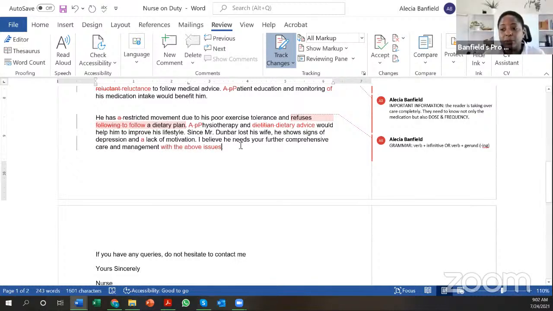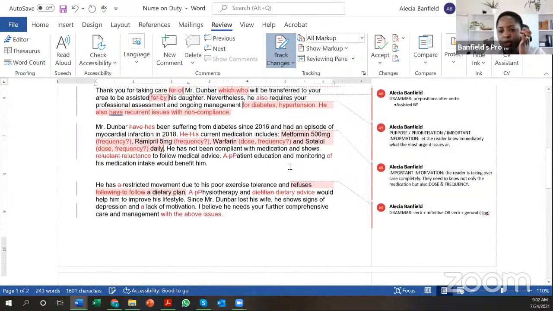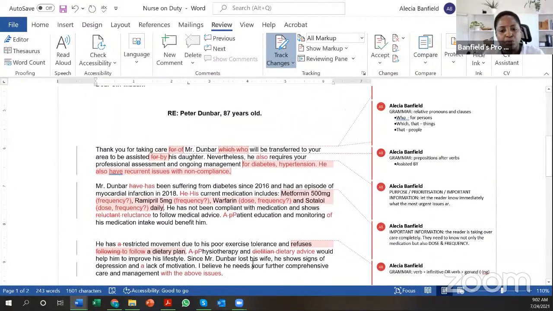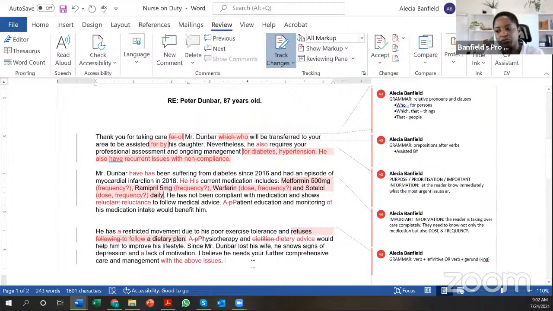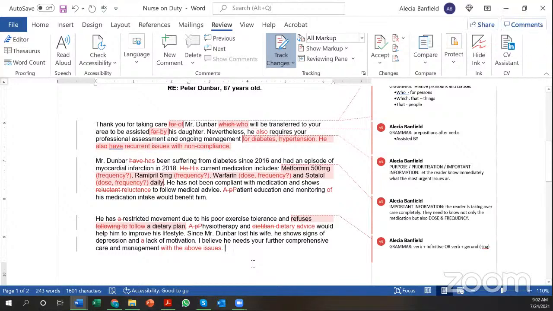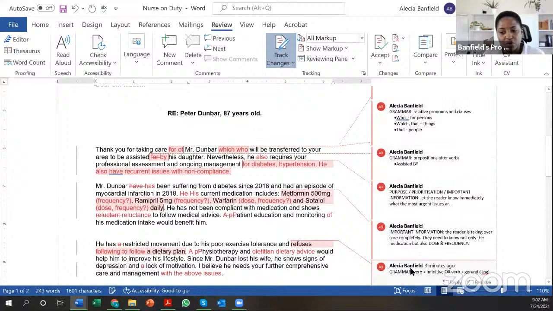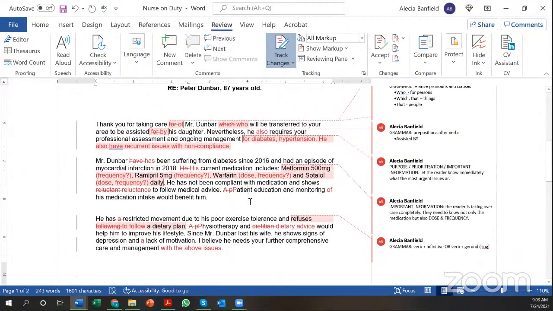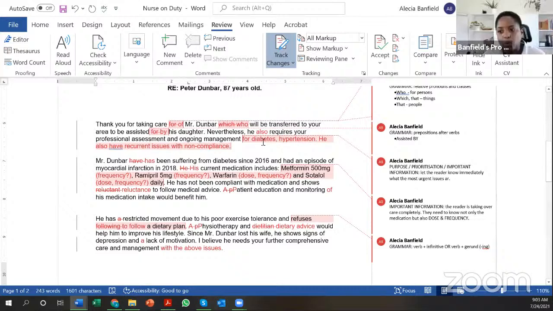With respect to the organization and how you prioritize and how your information flows, it actually is good. With respect to your grammar, you've got some grammar work to do. And remember, important information.